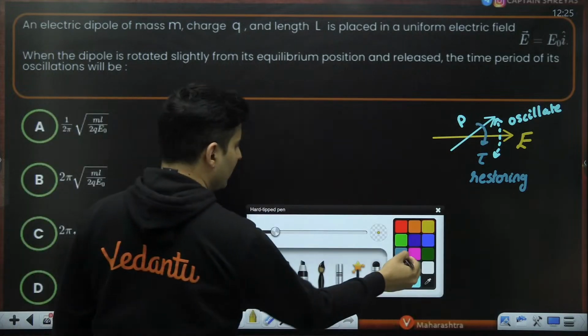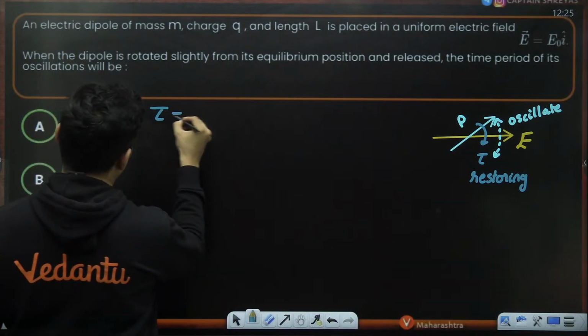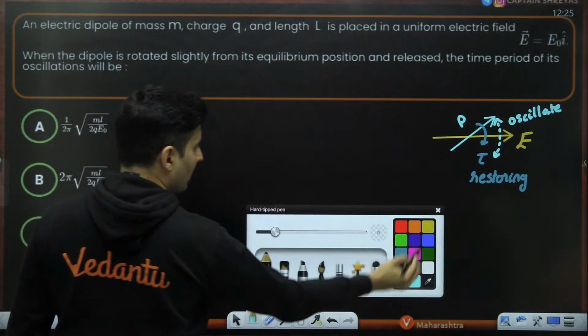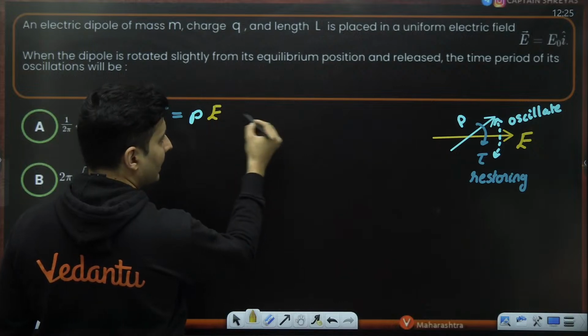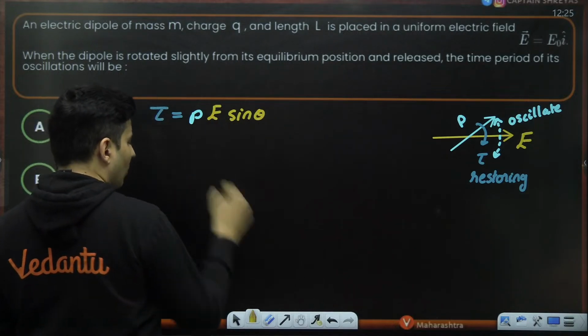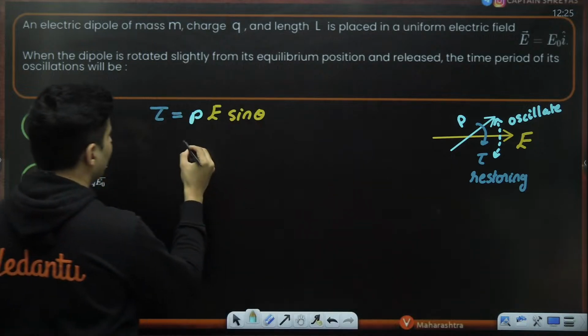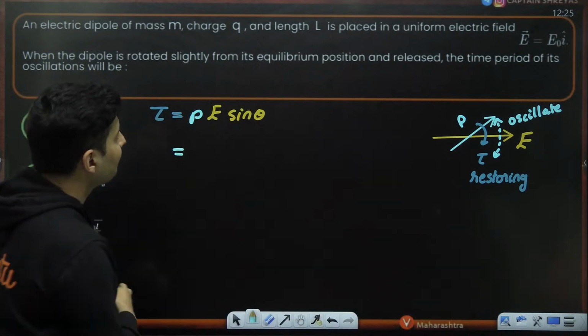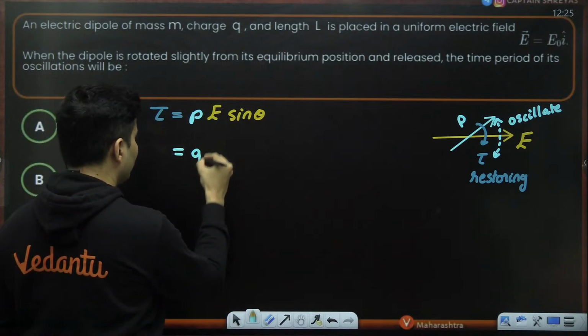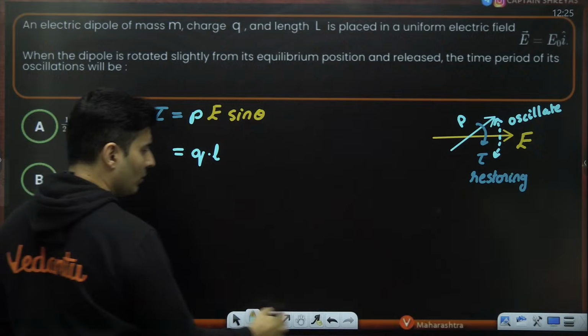So let's see how much the torque will be. The torque will be nothing but the dipole moment times the electric field times sine theta. But what is that dipole moment? Charge is q, length is L, so any one of the charges times the length will be the dipole moment.